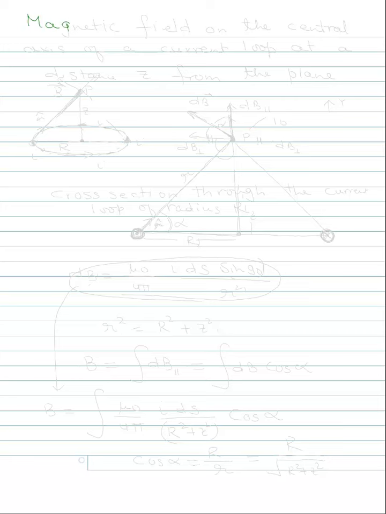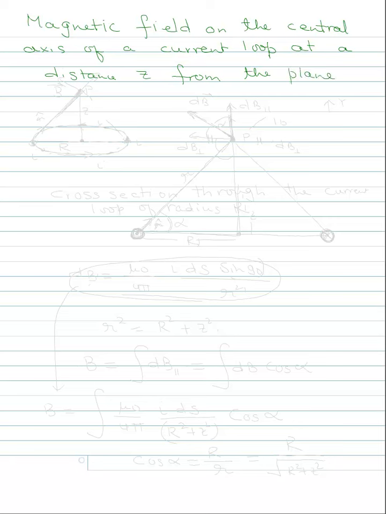So this example is an example in which we are going to find the magnetic field on the central axis of a current loop which is carrying current I at a distance z from the plane.